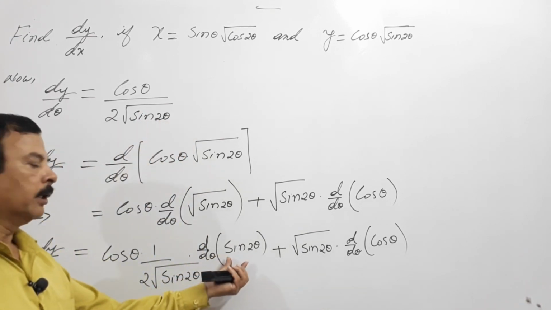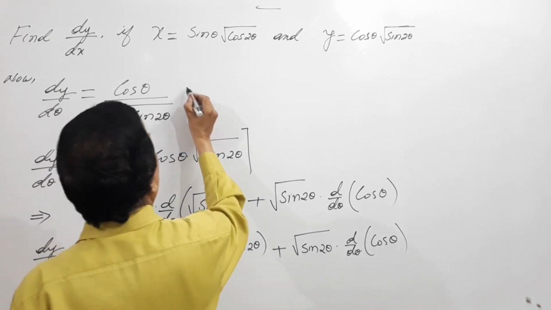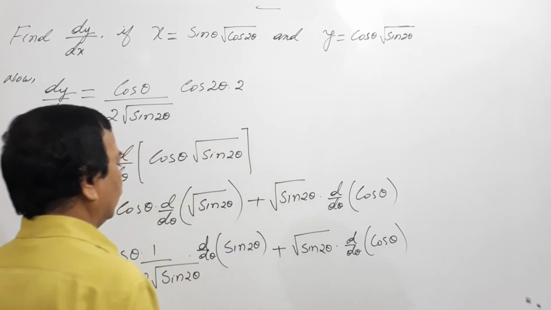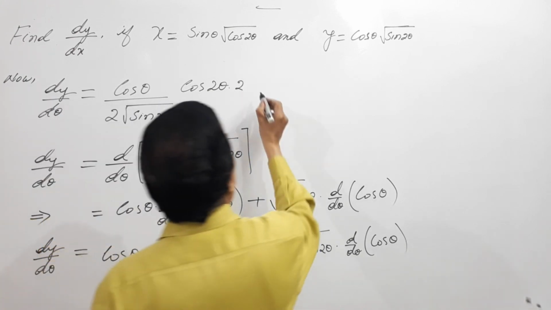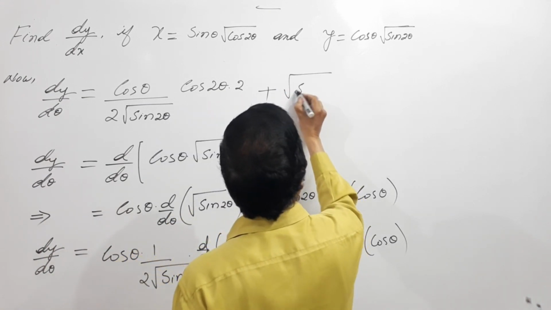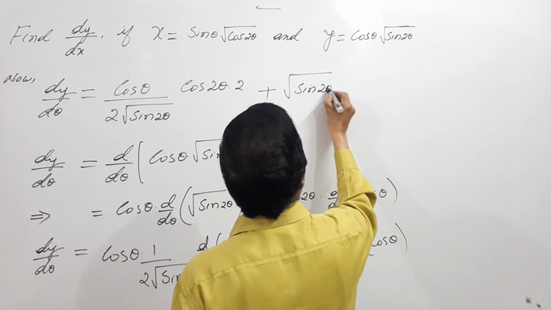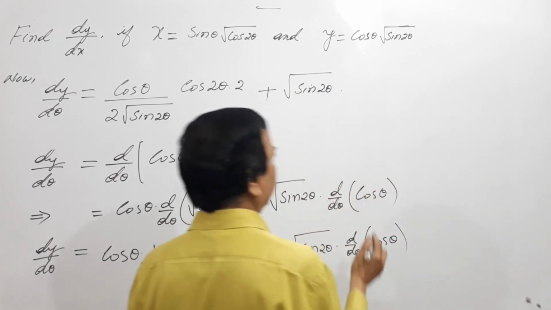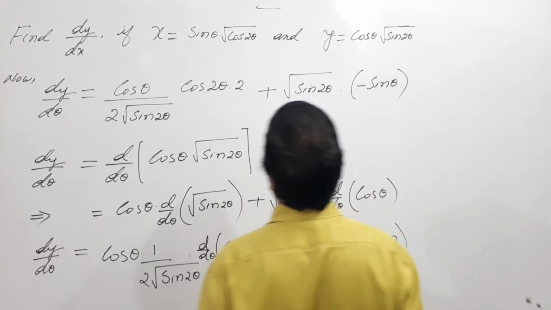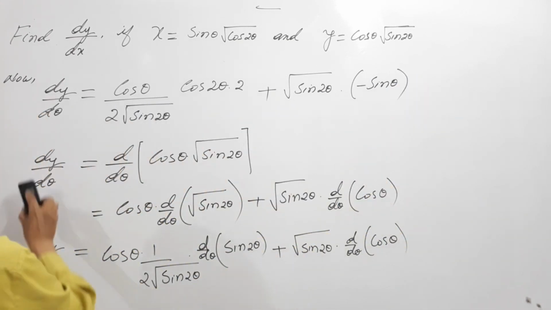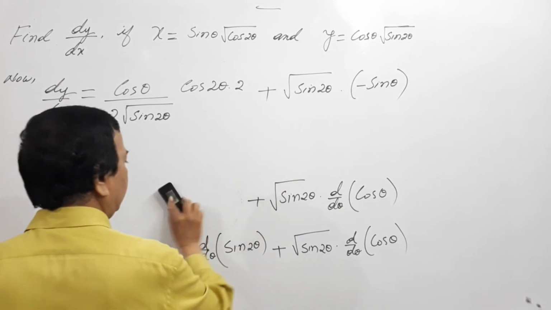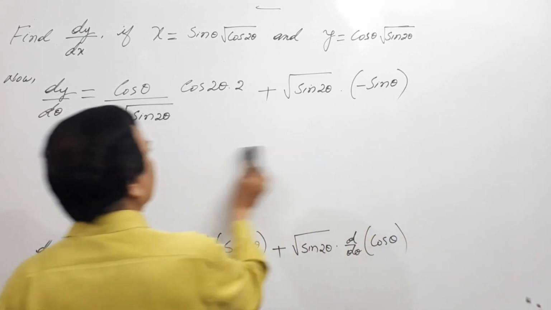If you differentiate sin 2 theta, we get cos 2 theta into 2, plus under the root sin 2 theta. If you differentiate cos theta, we get minus sin theta. So let's solve this.